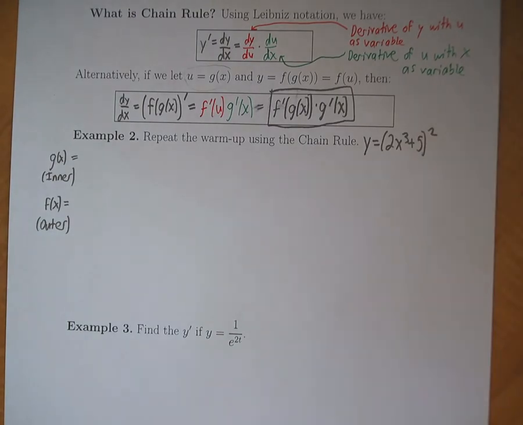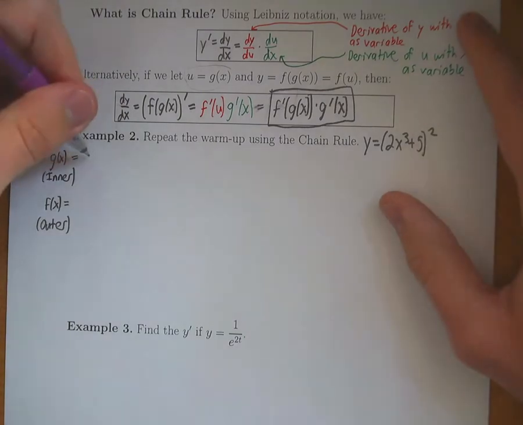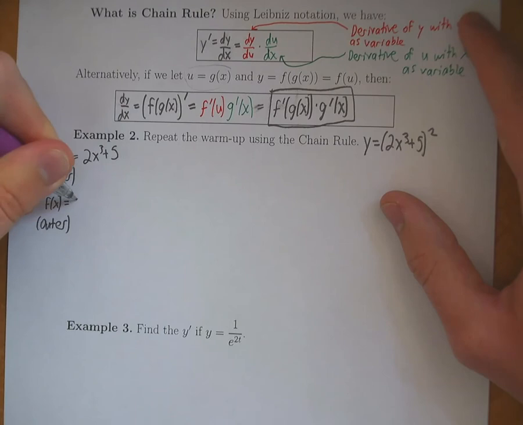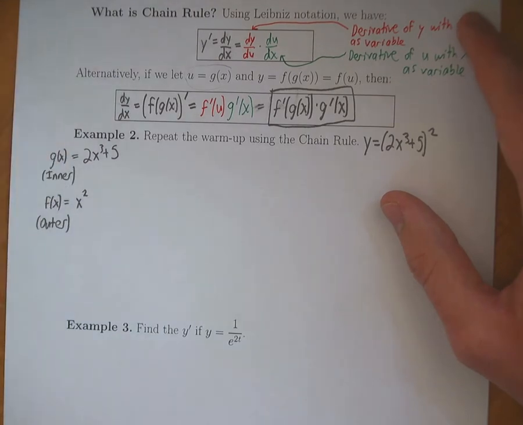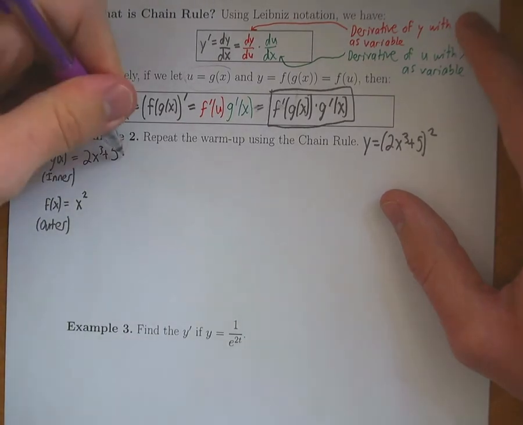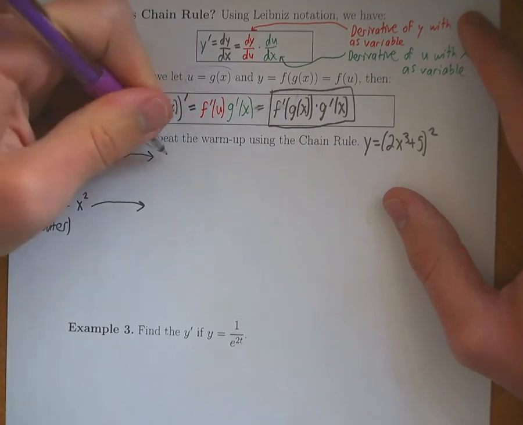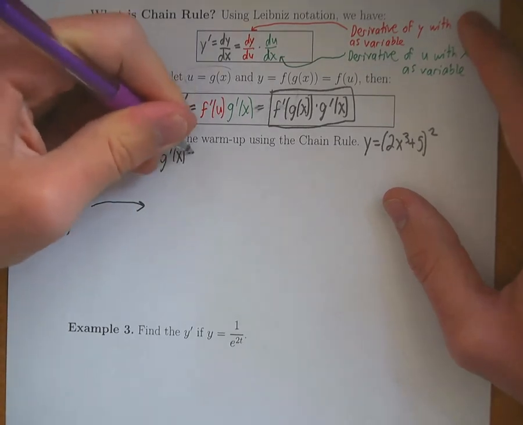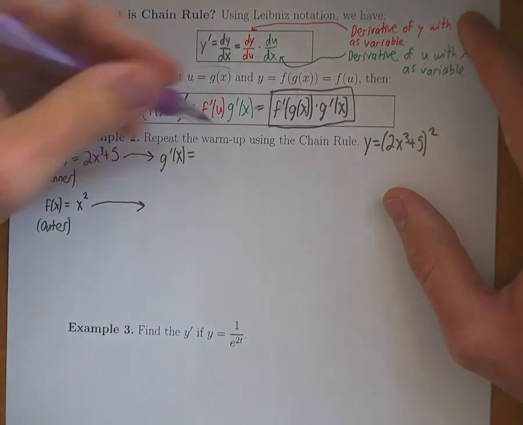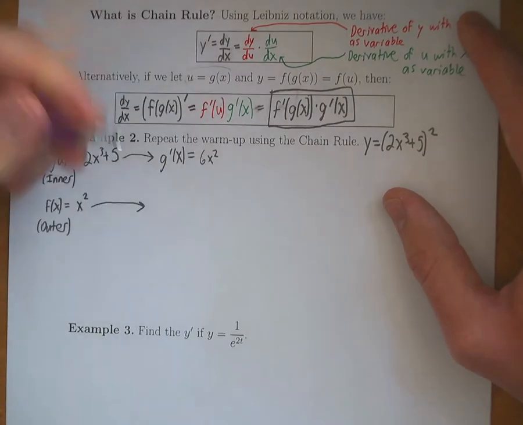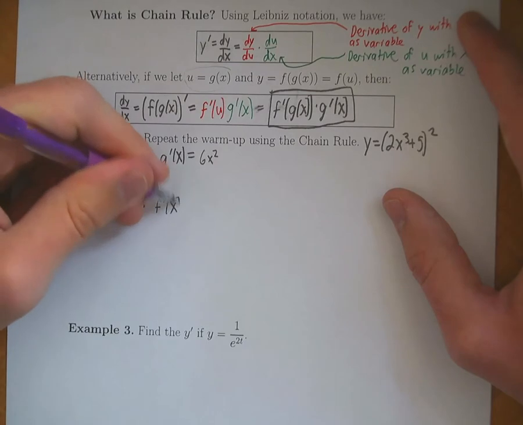Go ahead. Yep, the inner is 2x cubed plus 5, and the outer is x squared. Okay? So a quick application of the power rule will give you the corresponding derivatives. g prime of x is just 6x squared. And f prime, meanwhile, is just 2x.